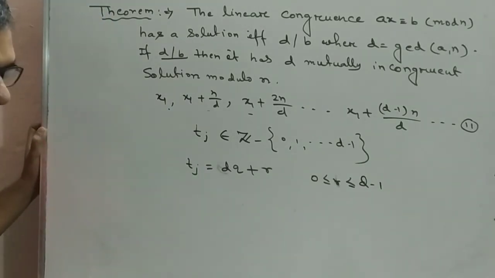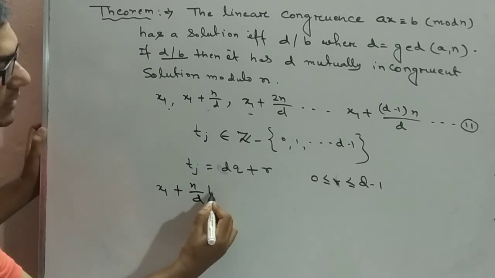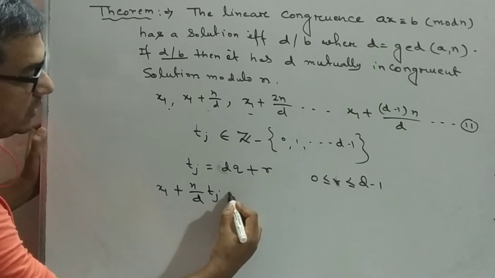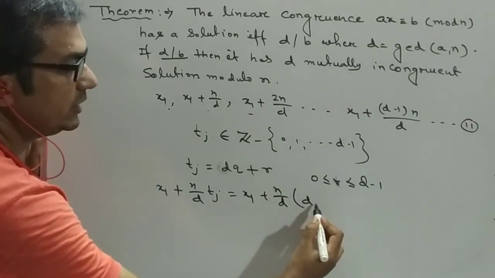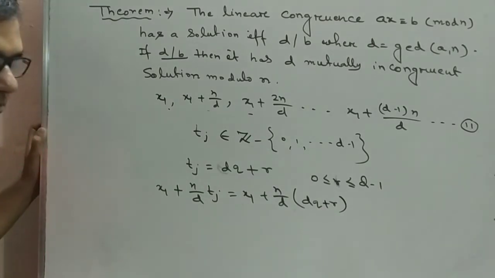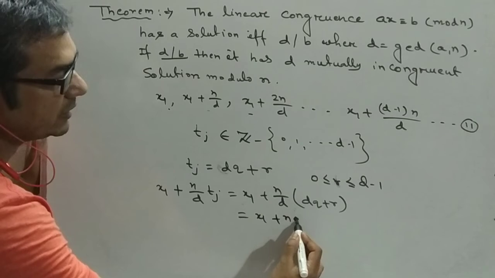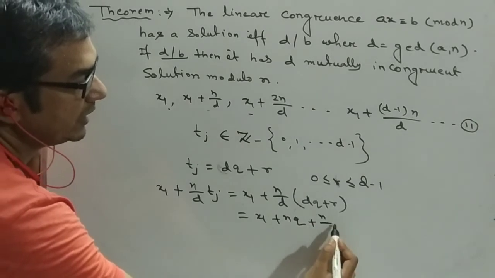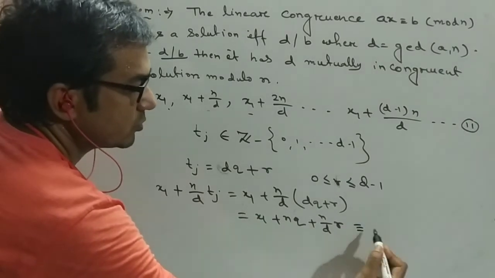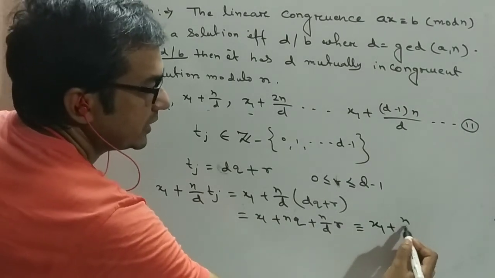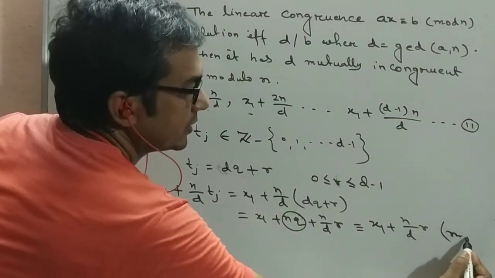Then we can write x1 plus n by d into Tj equal to x1 plus n by d into dq plus r, that is equal to x1 plus nq plus n by d into r, and this is congruent to x1 plus n by d into r, because here n, and here mod n.